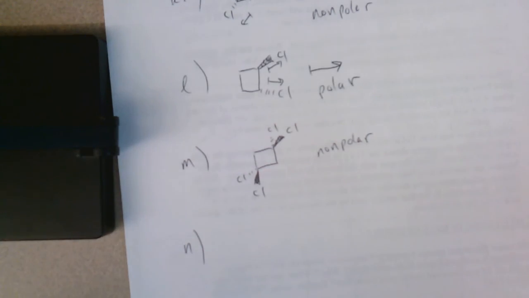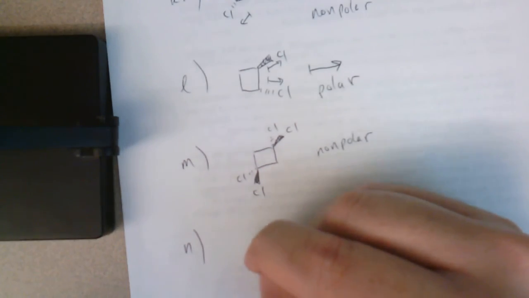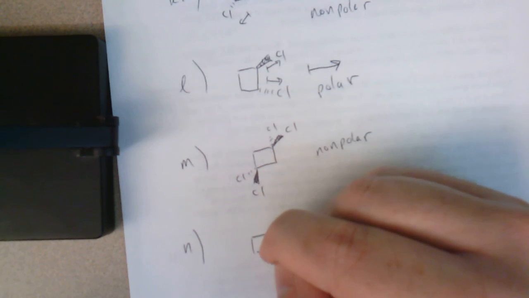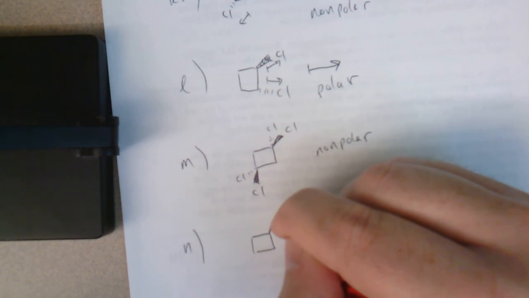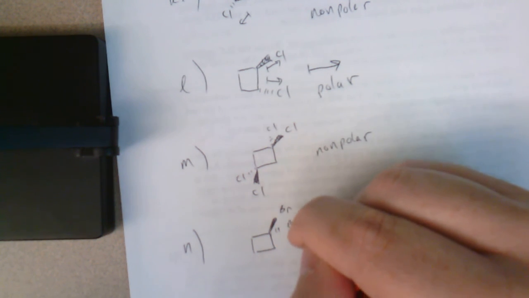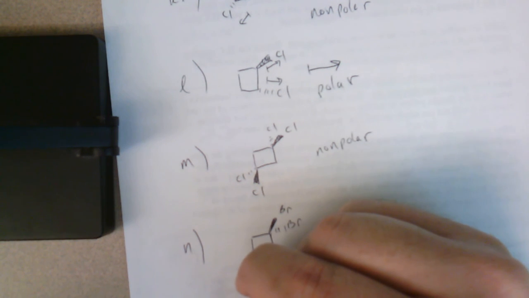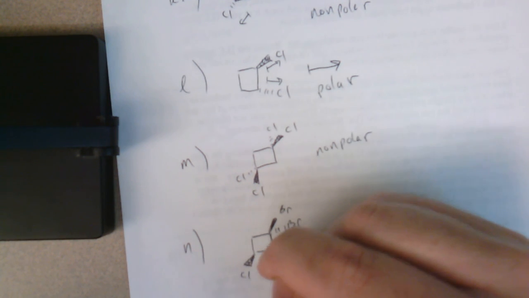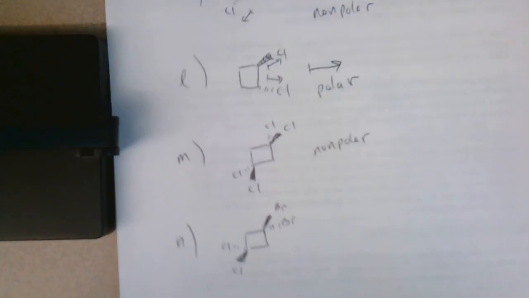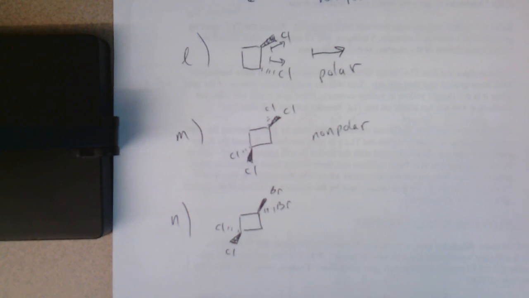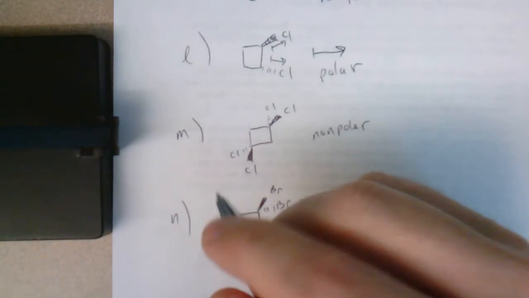And then N is just like E, because we have a bromine side and a chlorine side. It's the same idea.